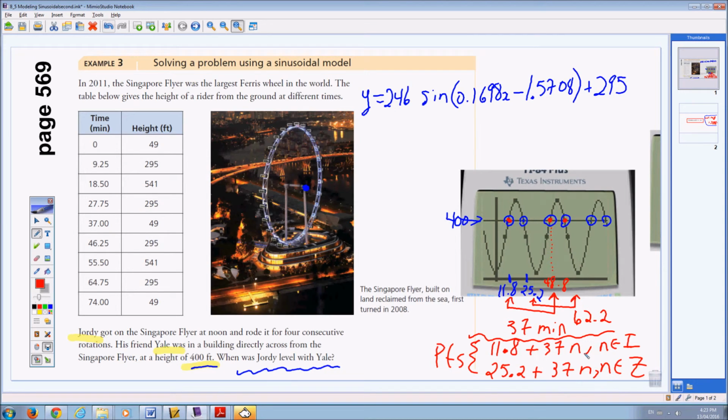All right, so n is part of the integers, and so there are all of the times when the 2 boys would be level at the 400-foot mark. That's using regression to find an equation and then to answer a question. Good luck with the remainder of the questions.